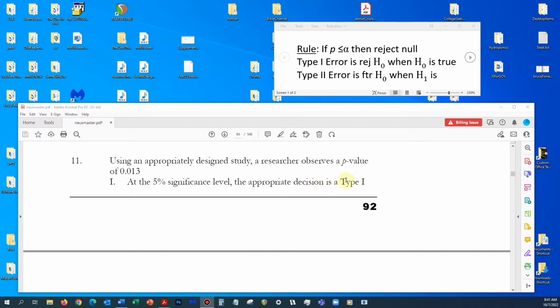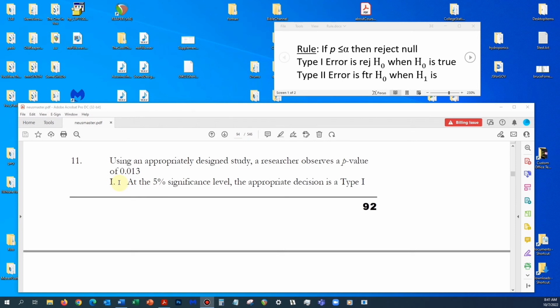So, if the null hypothesis is true, this proposition is true. But if the alternative hypothesis is true, then this proposition is false. But the human being does not know whether the null hypothesis is true or whether the alternative hypothesis is true. And that means it's not possible, given this information, to determine the truth value of this proposition.